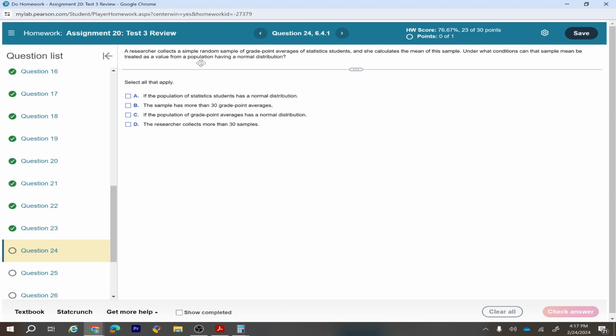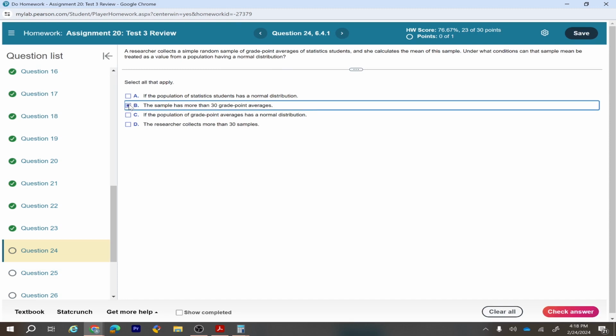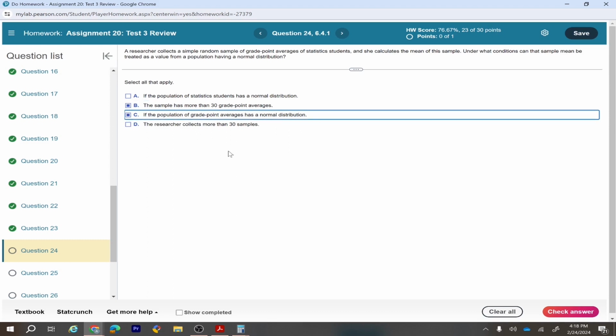Remember, if the data is coming from a normal distribution, the grade point average is supposed to be normal, or the size of the sample is supposed to be greater than 30. So if the population of statistics students has a normal distribution, or the sample has more than 30 grade point averages, that is right. If the population of grade point average has a normal distribution. Okay.